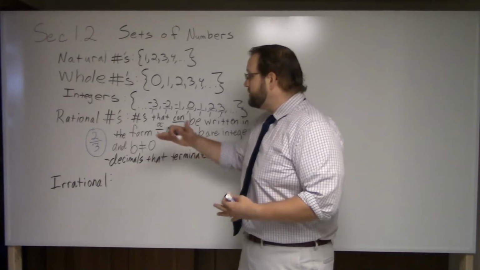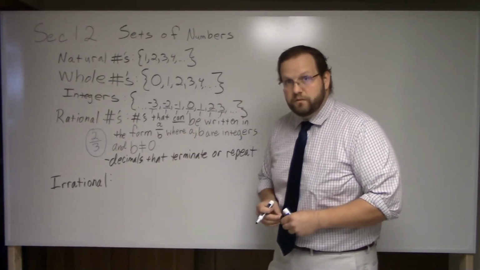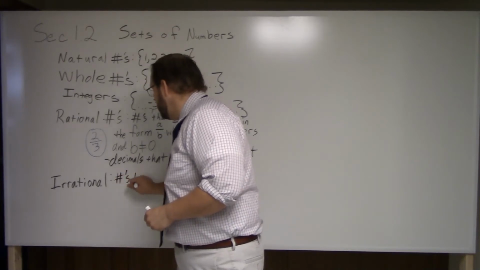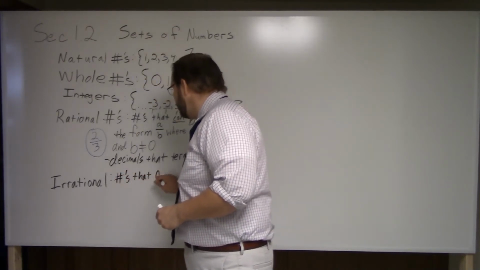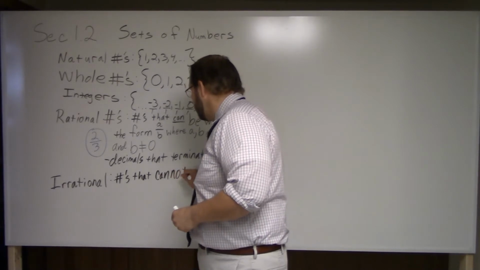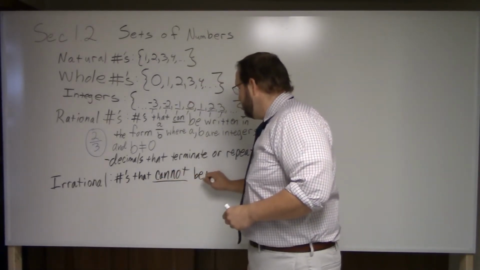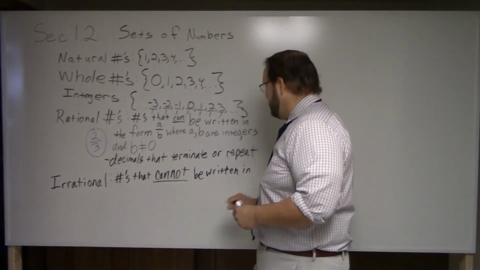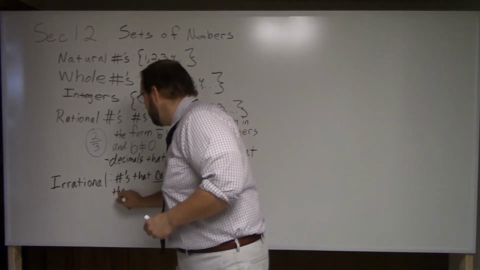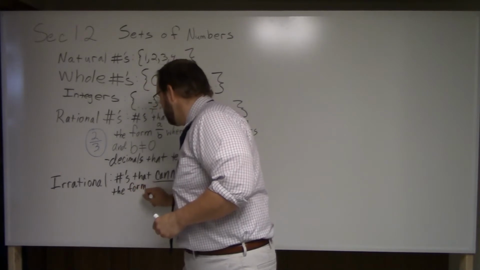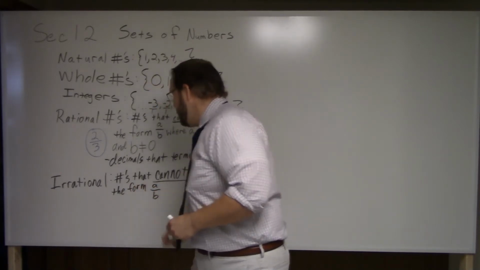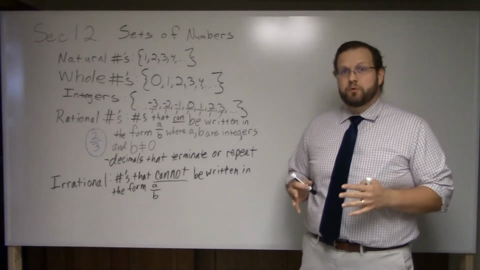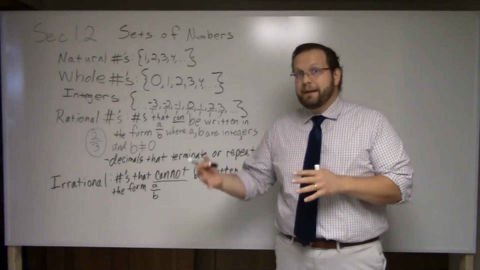So if rational numbers can be written in the form A over B, irrational numbers are numbers that cannot be written in the form A over B. Okay? That is very, very important to notice.